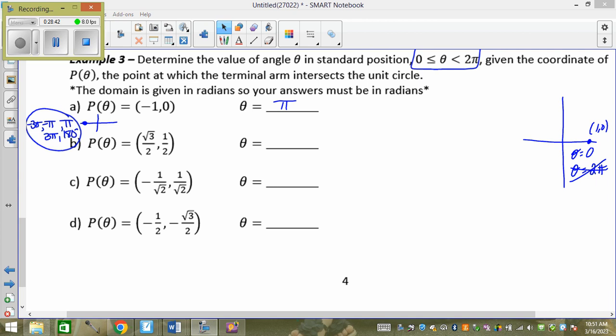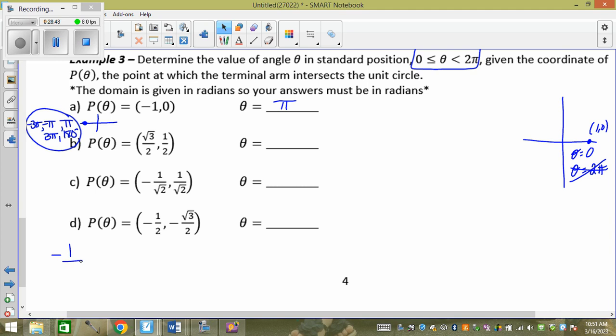I want to draw your attention to negative 1 over root 2, which people can't find on their unit circle. Negative 1 over root 2 is the non-rationalized version of negative root 2 over 2. Because if I want the radical to go away, we learned this last year, we multiply this by root 2, and then this by root 2. So I would get negative root 2 over 2. And what's root 2 times root 2? 2, because root 2 times root 2 is root 4, which is 2.